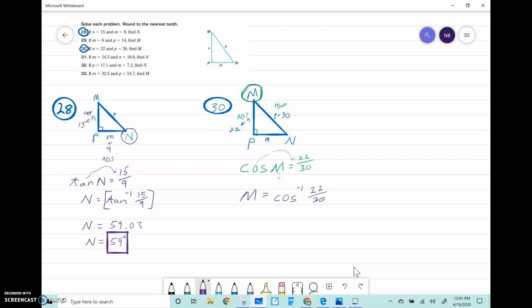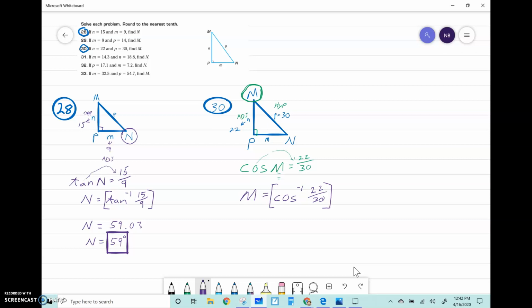Again, if you want to simplify, you can, but you don't need to. You can go straight into the calculator with the whole fraction they give you. Again, this is what goes into the calculator. If you look above the cosine button on your calculator, there is an operation for cosine -1. So let's type that in.